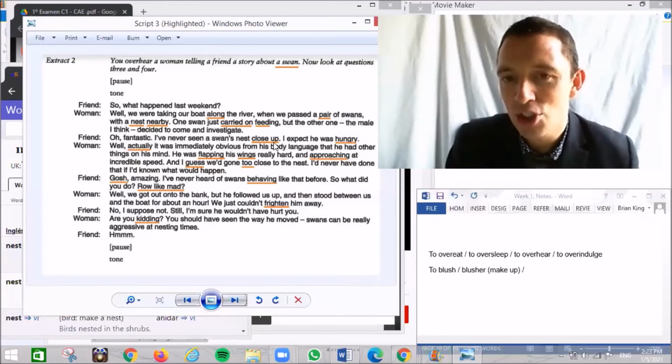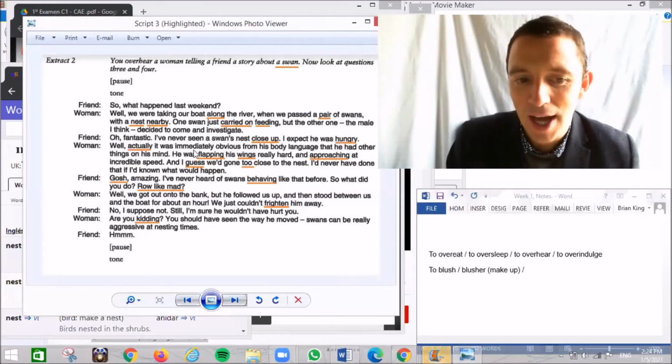So in a short distance, very close to the nest, to the nido. Hungry, so the difference in pronunciation between hungry and angry. Angry is enfadado, I think, but hungry is hambre. So there's a very important difference between hungry, hambre, and angry, when you're not happy, okay?